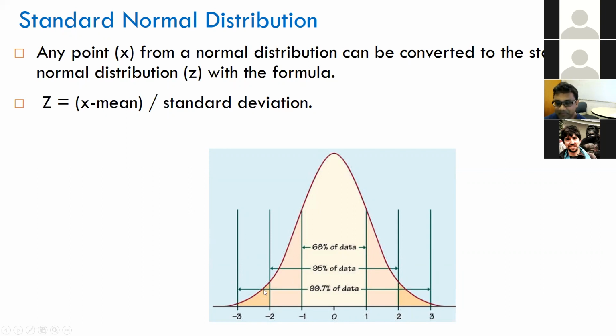For example, on the x-axis you have standard deviations. This is your highest value, the mean, and then this is minus one and plus one standard deviation, and then two standard deviations on each side. The data within these two standard deviations is your 95% of data.